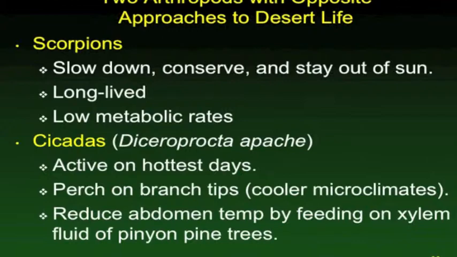Whereas the cicadas are active during the warmest part of the day, but they're actually taking the liquid from the plants and running it through their body and going through an evaporative cooling process that reduces their body temperature and allows them to continue living and feeding even during the warmest part of the day.